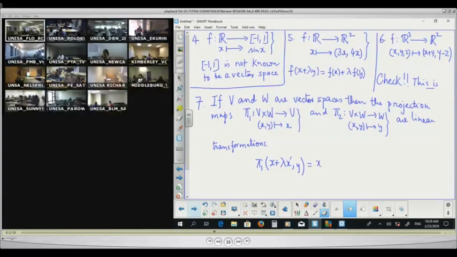Say x plus lambda times x prime y. This is obviously x plus lambda times x prime, but x is pi 1 of xy plus lambda times pi 1 of x prime y.